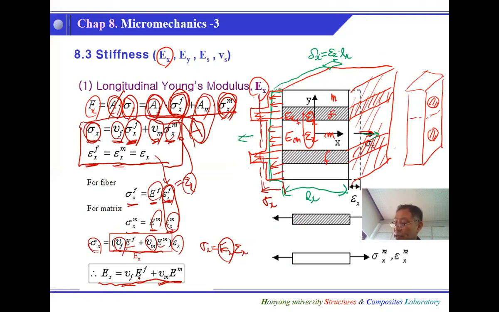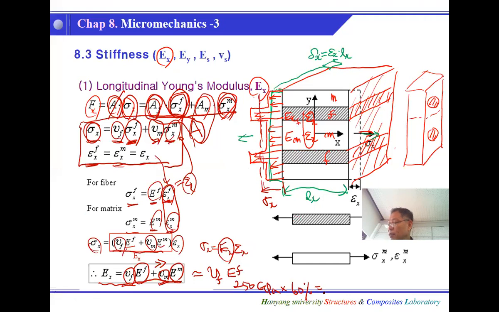In reality, EF is much larger than EM, and VF and VM are about the same order, so this will be about VF times EF. Simply, we have a fiber property, say 250 gigapascal for a carbon fiber. Then the fiber volume fraction is, say, 60%.